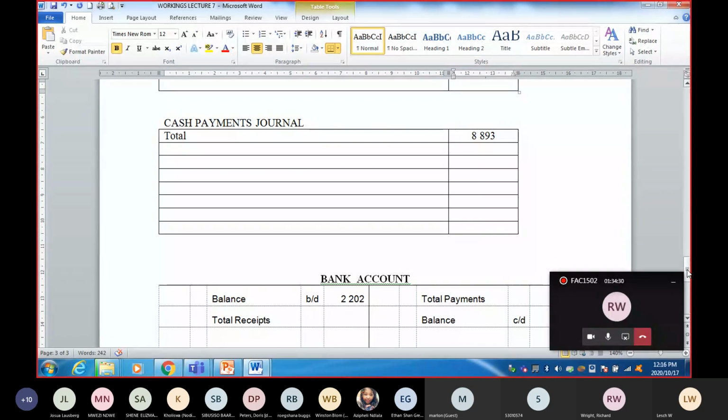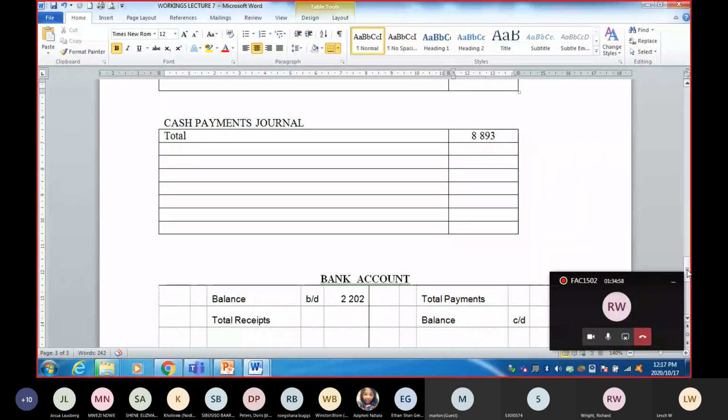Okay. Check number 825 for 294 is there. Check number 826 for 302 Rand is there. But check number 827 for 376 Rand is not there. The 2,000 Rand stop order is there. Check number 828 is also not there.